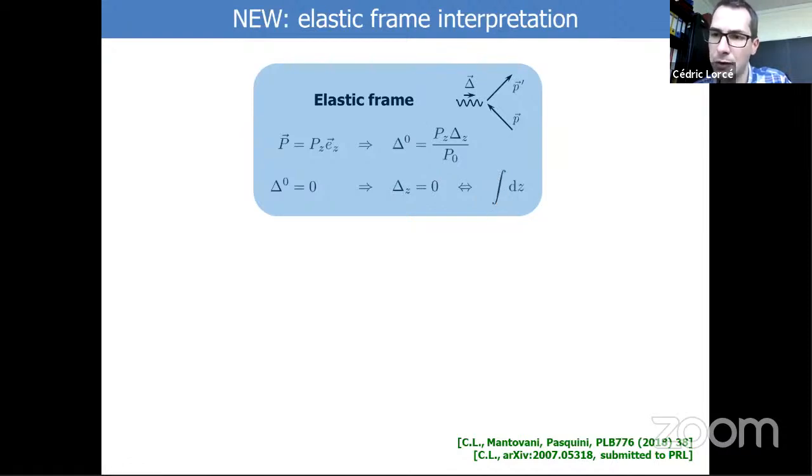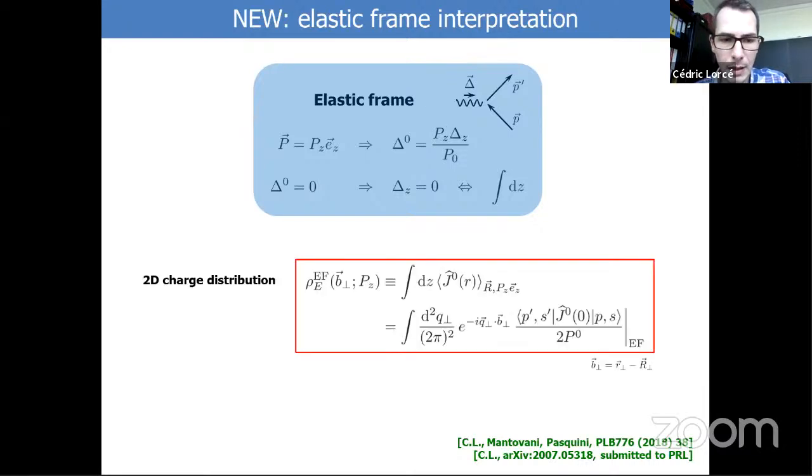So I just have to give up something. I cannot localize my system in the longitudinal direction, but I can localize things and define a density in the transverse plane for any P_z. So we can define the elastic 2D charge distribution in any frame. It is two-dimensional, and it depends on the momentum, or if you wish, the velocity of your system.